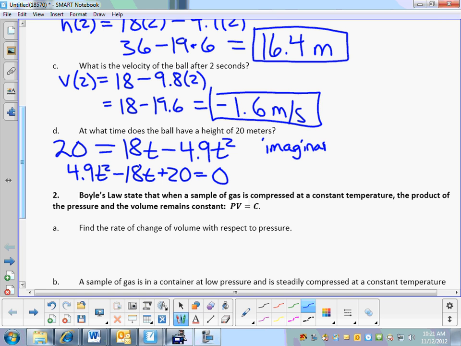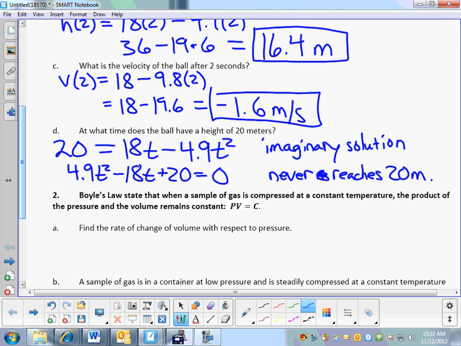Yep. Once again, if I have time at the end of today's lesson, which I might, I'll print off the quadratic formula sheet so that we can plug in our calculators for those of you who need it. So never reaches 20 meters. Okay?